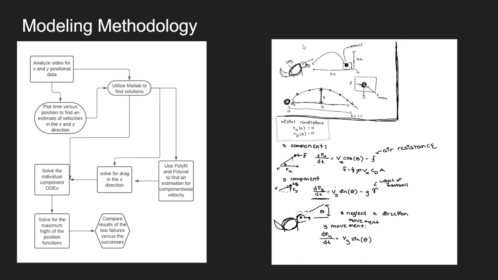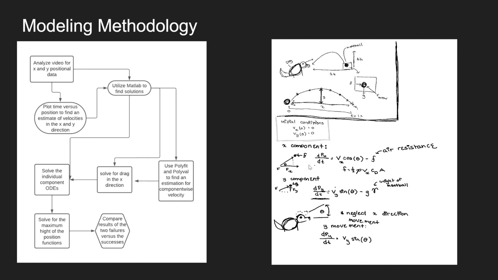As you can see, the position in the X direction requires an air resistance component, which can be found with the F variable. In the Y component direction, the only negative force would be the gravity and the weight of the object. In this case, it's the meatball.